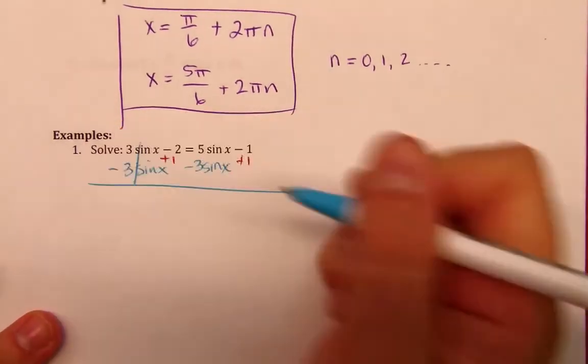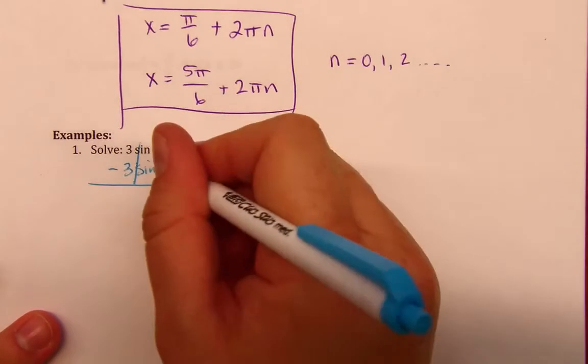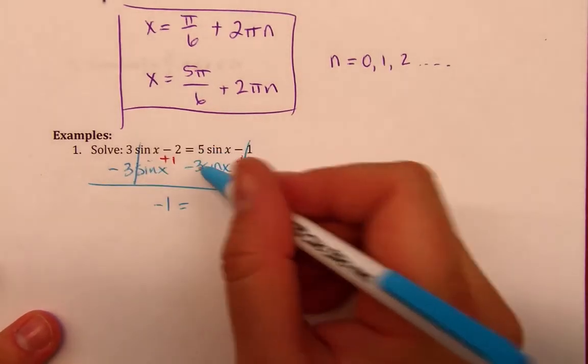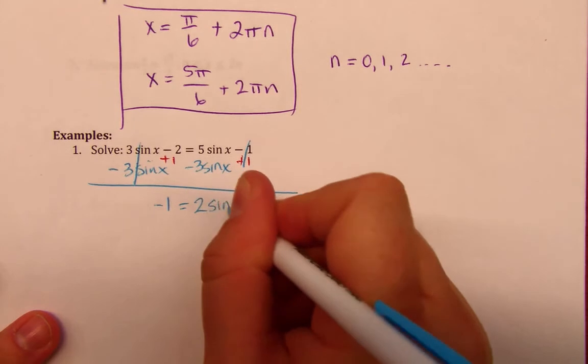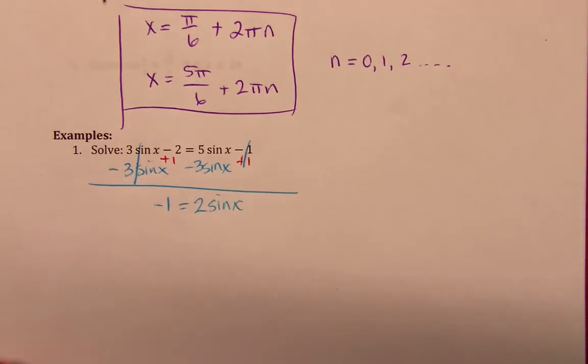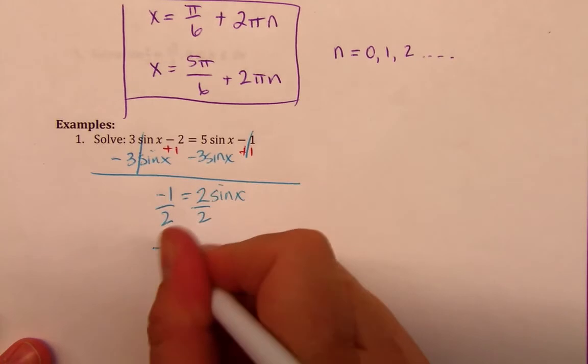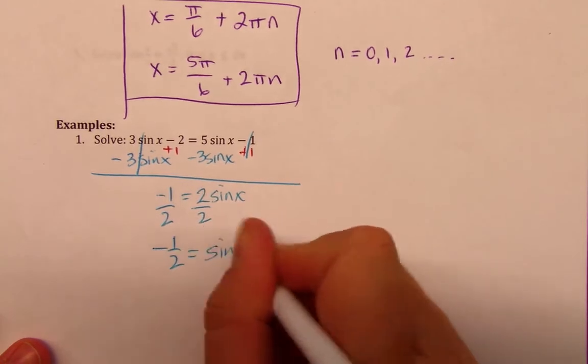And those cancel, that cancels. Negative 2 plus 1 is negative 1, and 5 minus 3 is 2 sine x. And now I can divide by 2. So negative 1/2 equals sine x.